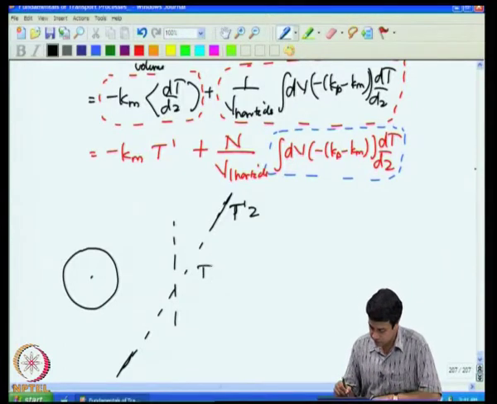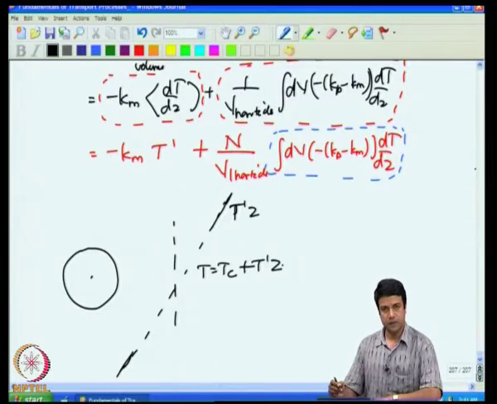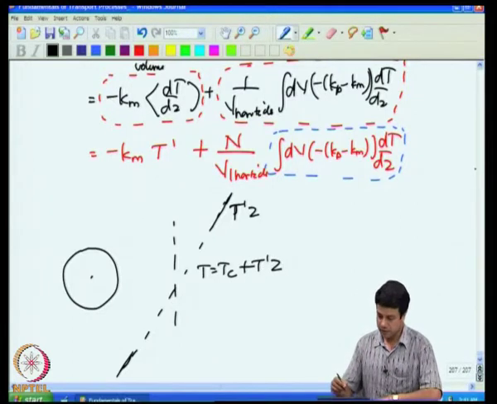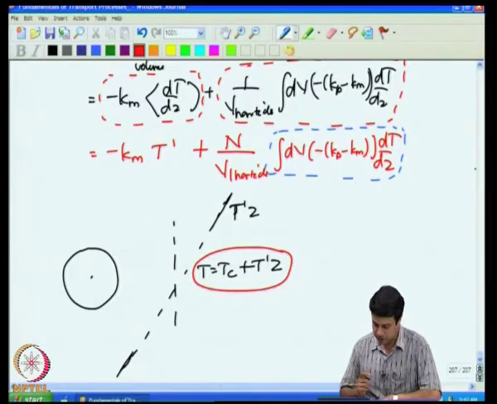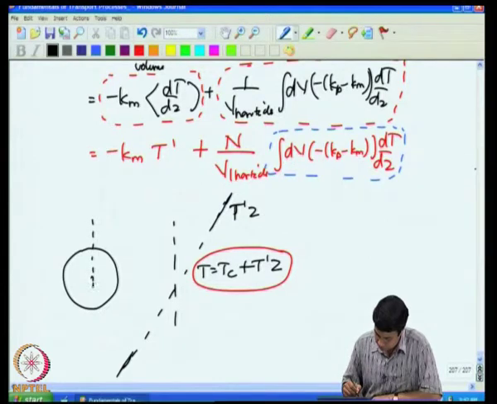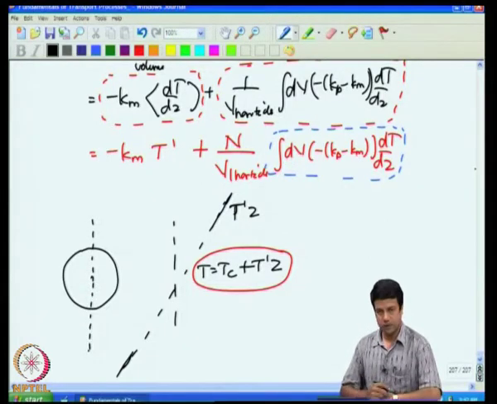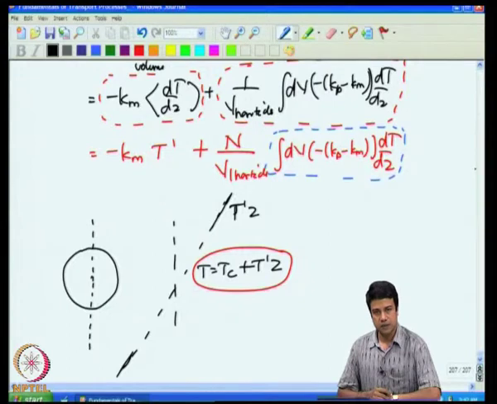So, the temperature will be equal to Tc plus T prime times z. This is the temperature field that is at a large distance from the particle. Near the particle itself, there is going to be a disturbance due to this temperature field, because the thermal conductivity of the particle is not equal to the thermal conductivity of the matrix. So, let us evaluate this temperature field.